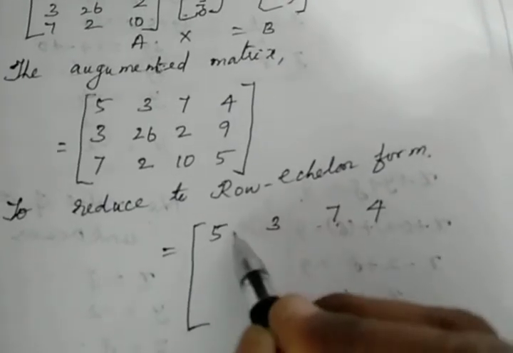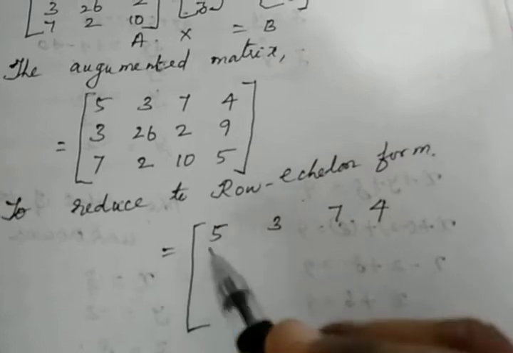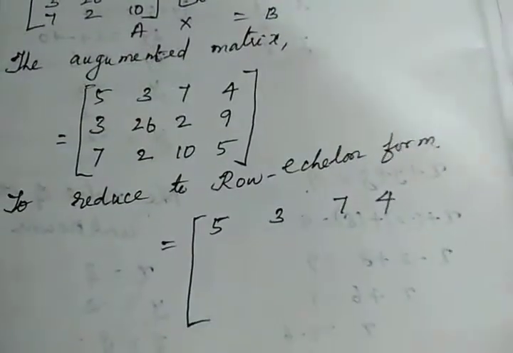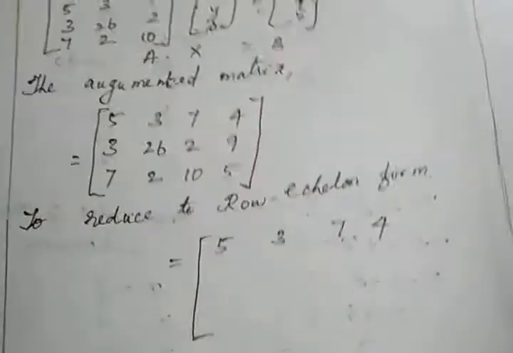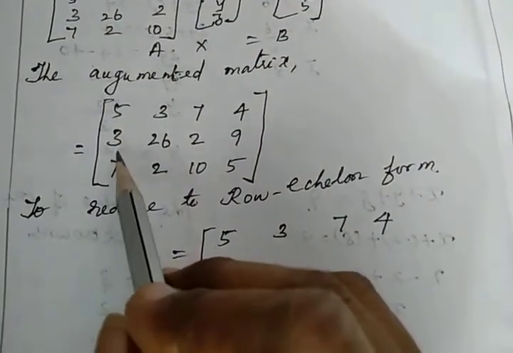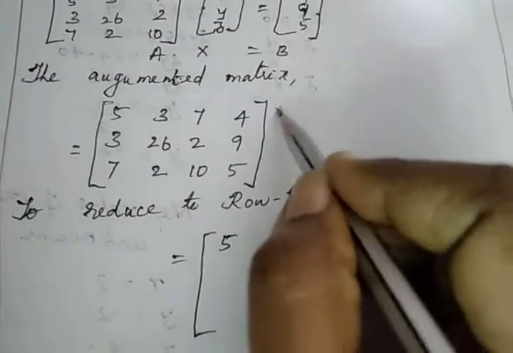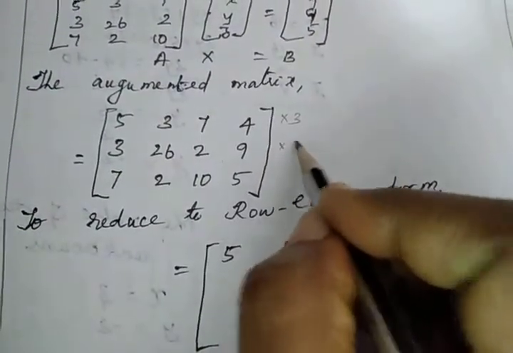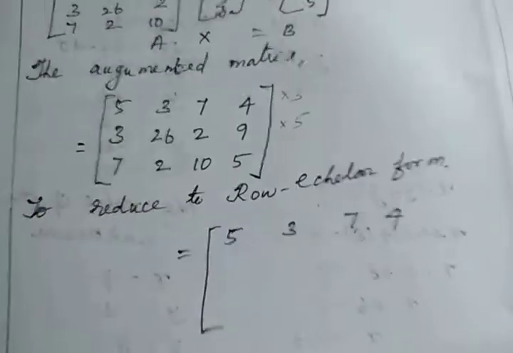The first non-zero element in first row is 5. Below this I should make it 0. So I should multiply this row by 3 and row 2 by 5 and subtract row 2 minus row 1.